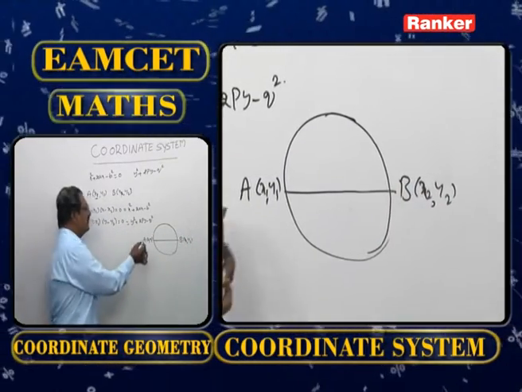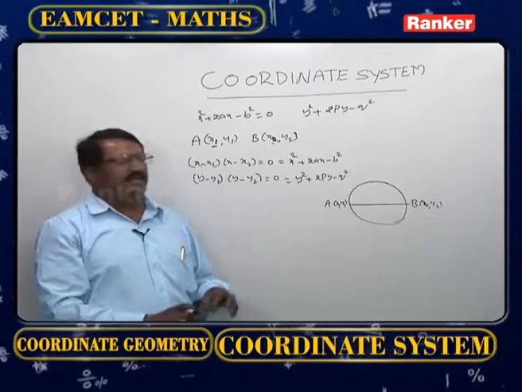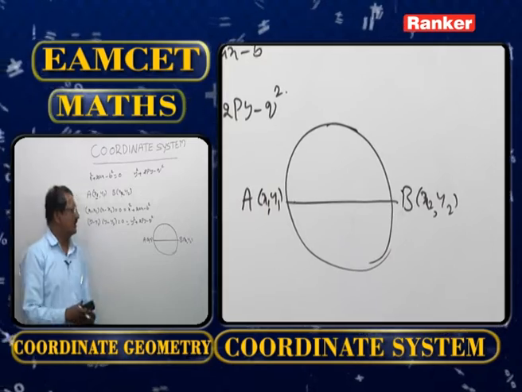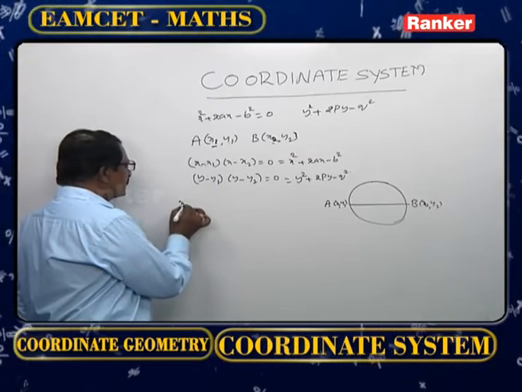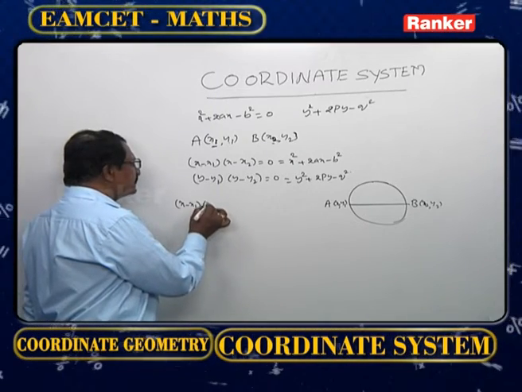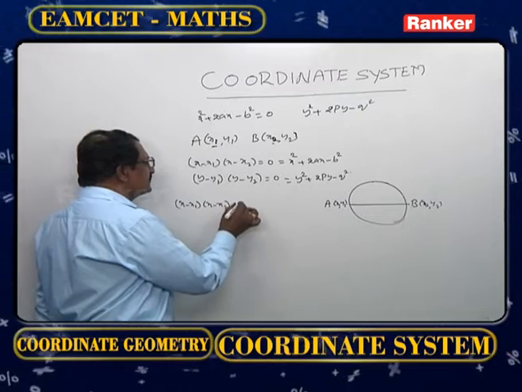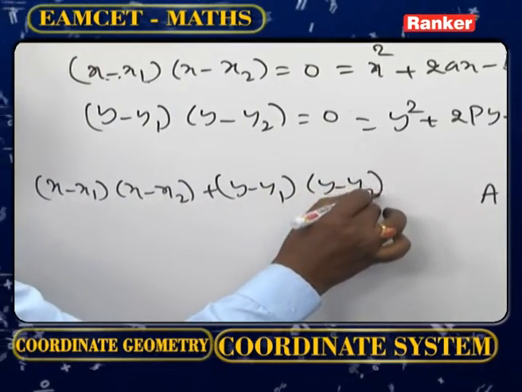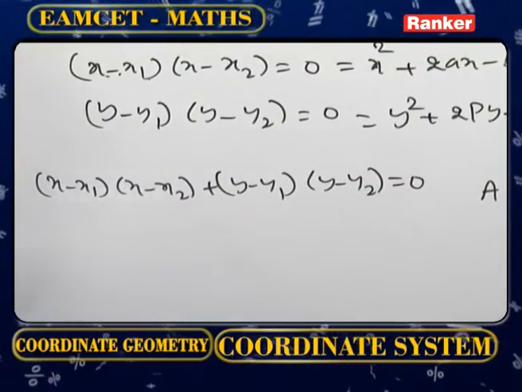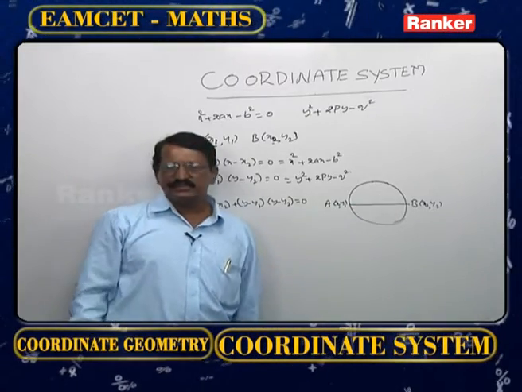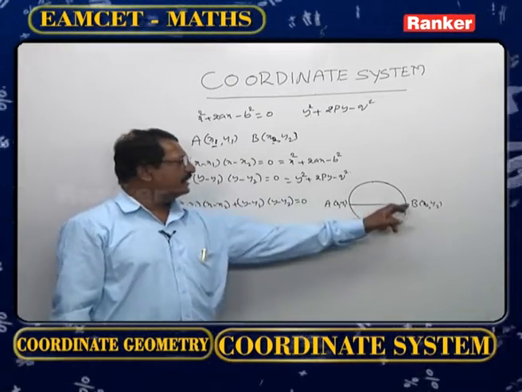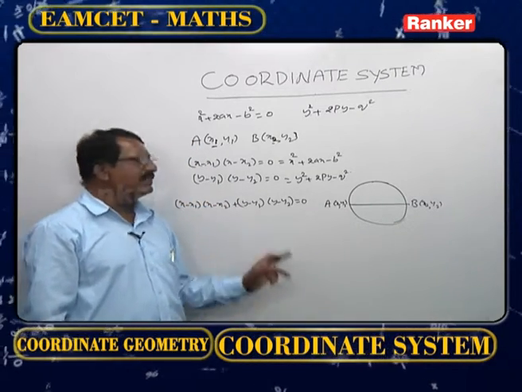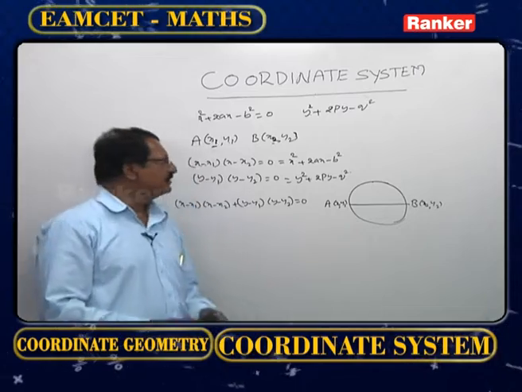Now the equation of the circle whose diameter has extremities A(x1, y1) and B(x2, y2) is (x minus x1)(x minus x2) plus (y minus y1)(y minus y2) equals 0.